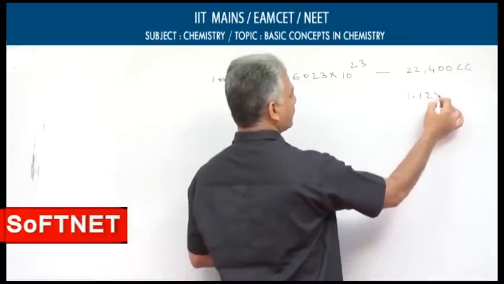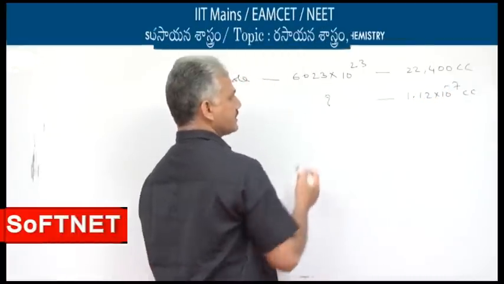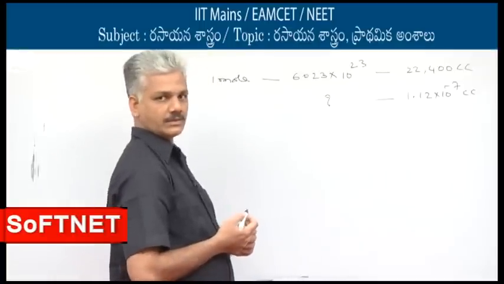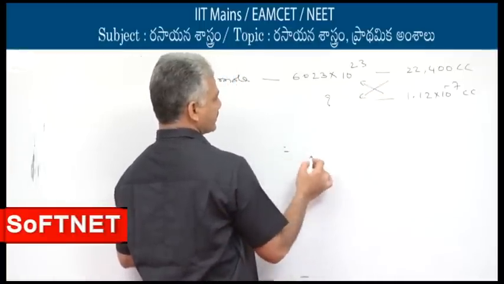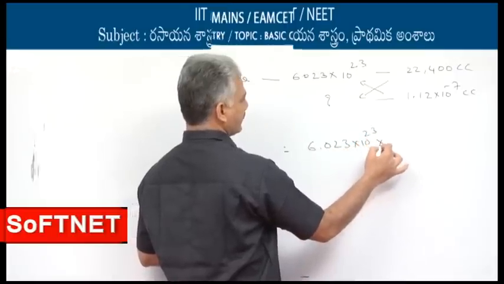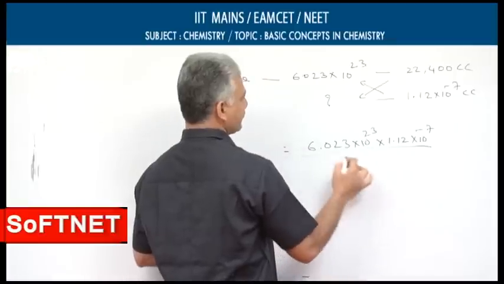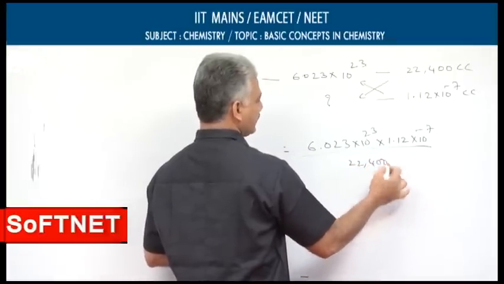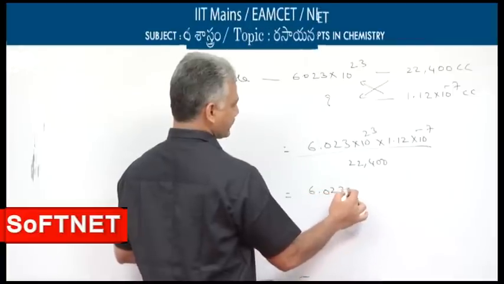So, 1.12 into 10 power minus 7 cc of gas consists of how many molecules? That comes out like this: 6.023 into 10 power 23 into 1.12 into 10 power minus 7 by 22,400. This has to be simplified.